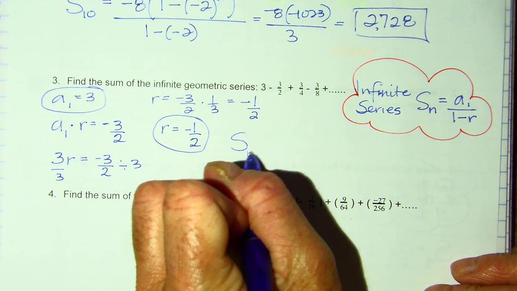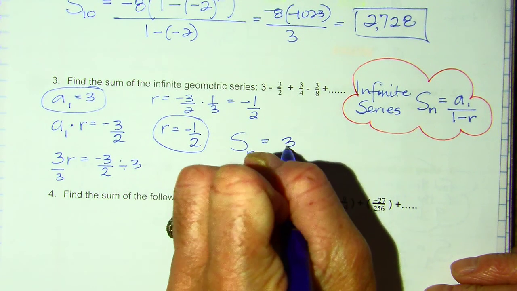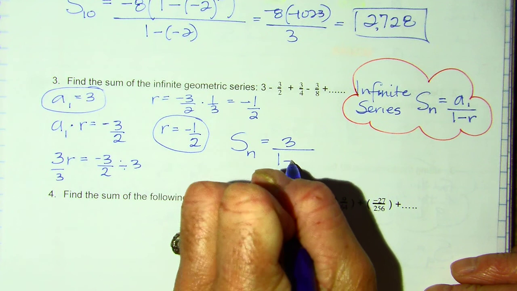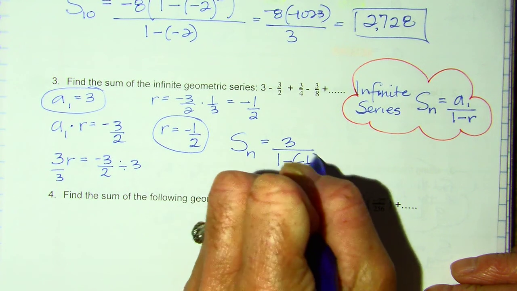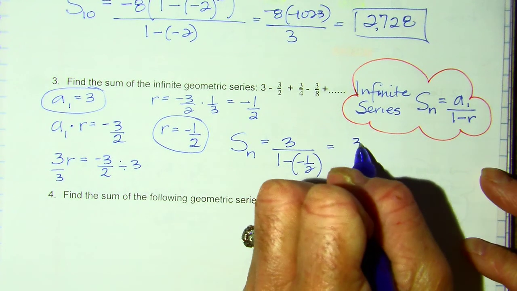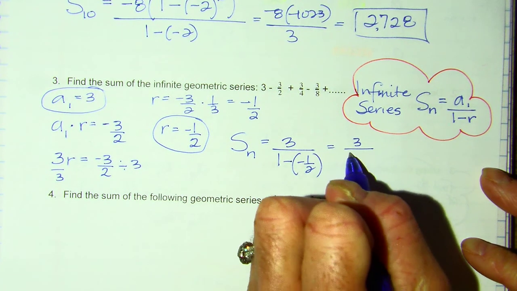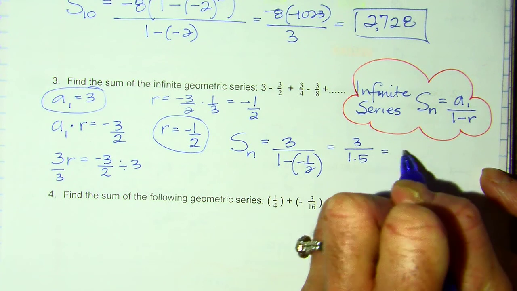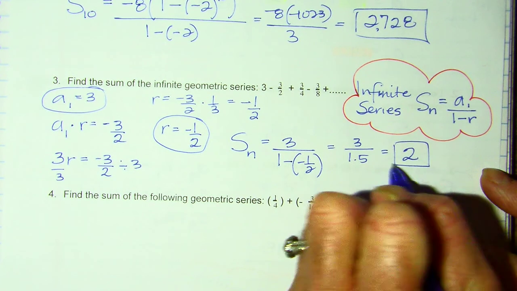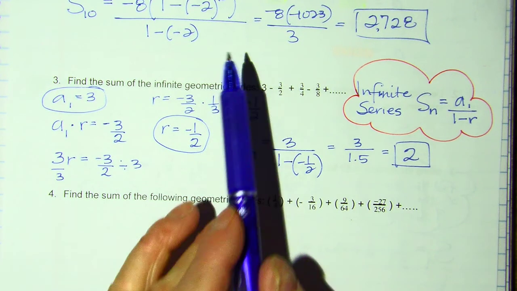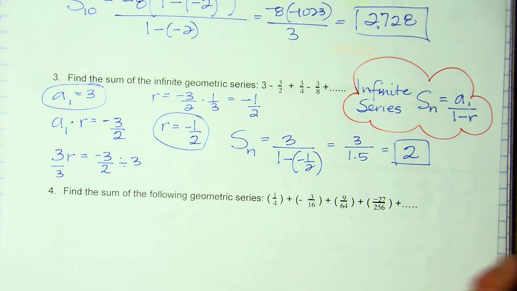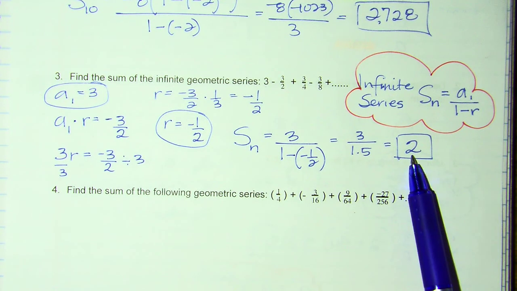So the sum of an infinite series equals my first term, which was 3, divided by 1 minus my common ratio. So this gives me 3 over 1.5, which is 2. So the sum of this infinite series, if I add the first term and all the terms after, if this continued on and on, I would get close to 2.